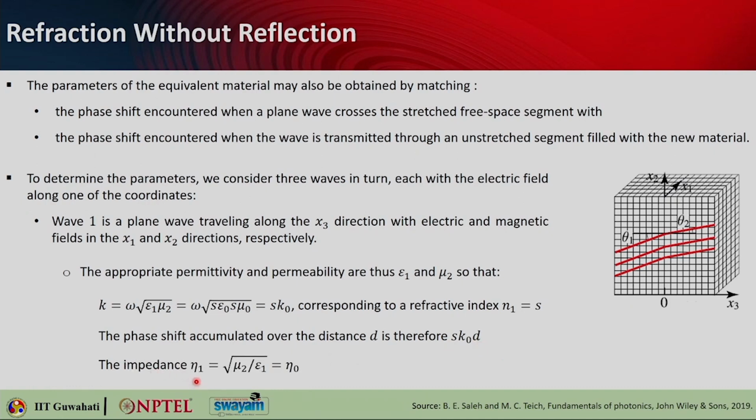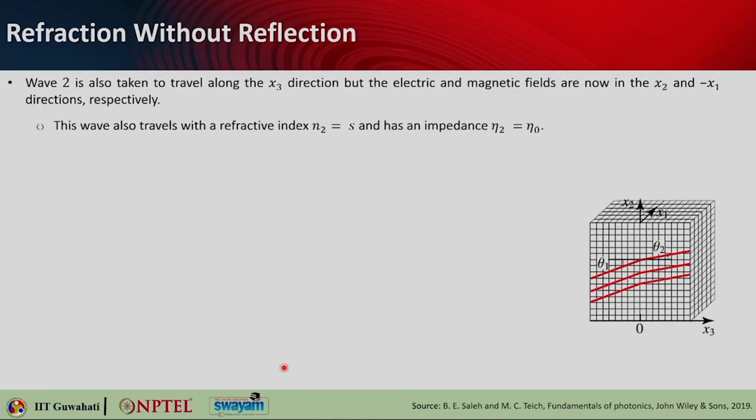Impedance eta 1 is equivalent to square root of mu 2 over epsilon 1. Now, this is what was mentioned before, that there will be a scaling factor. Okay. If you see that the scaling factor appears in both places, they will cancel out, and you will get the impedance to be the same as free space. So, in that case what happens? There is no reflection. So, that is for one particular wave.